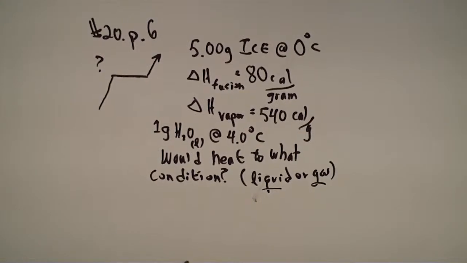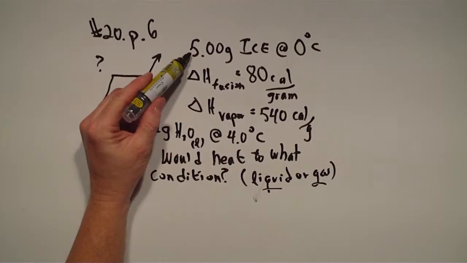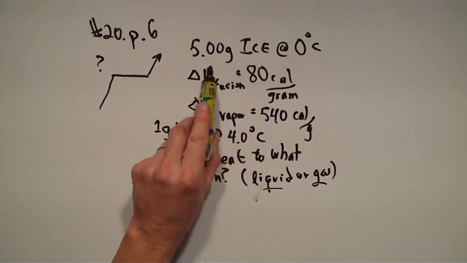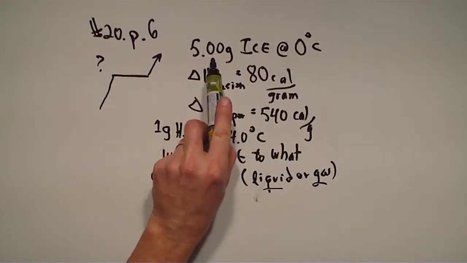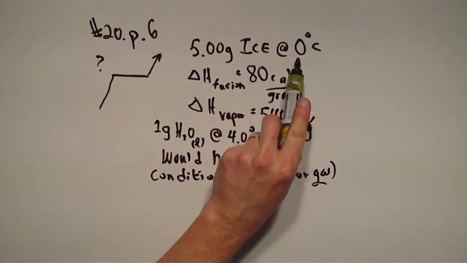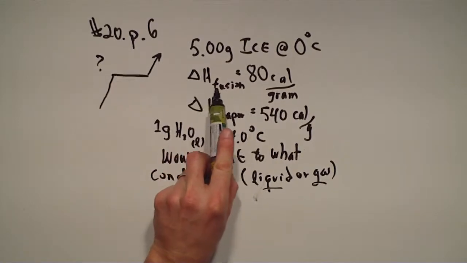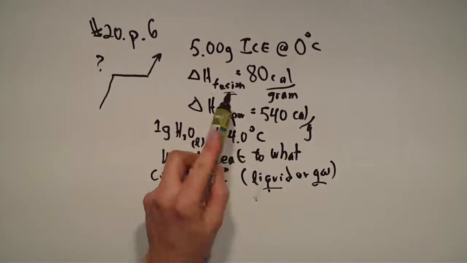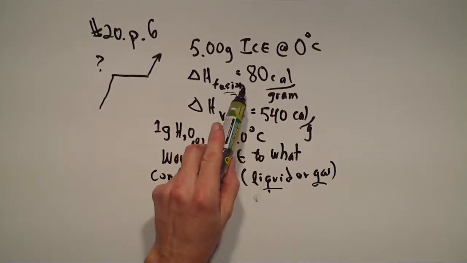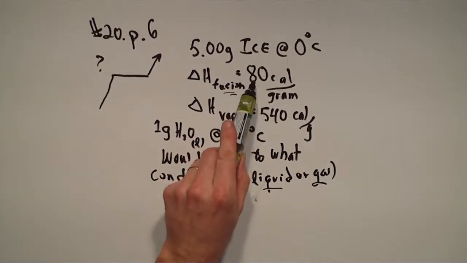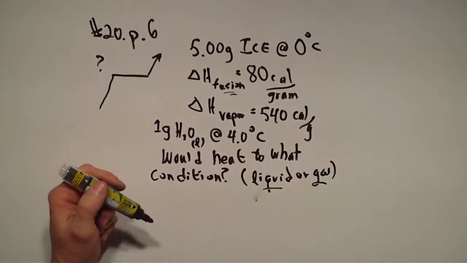Let's just see. So first of all, let's figure out how much heat we're going to need to melt 5 grams of ice starting at 0 degrees C. The heat of fusion, which means melting or freezing, the same thing, opposite sign, is 80 calories per gram.